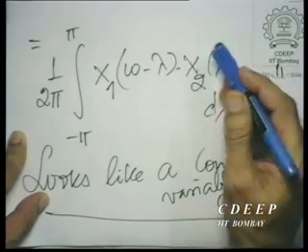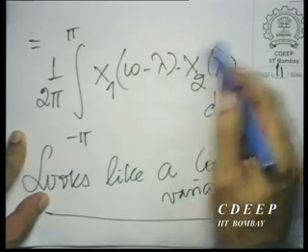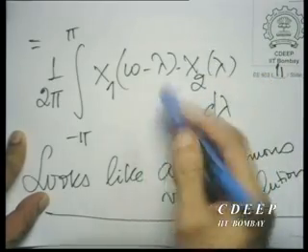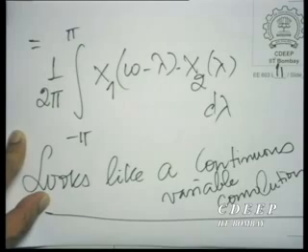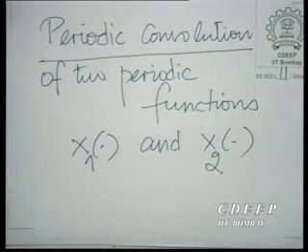Because both of the functions are periodic, this would be a sum of the integral over every period, and if any of them is non-zero, that sum would obviously diverge. So it doesn't make any sense when you have two periodic functions to calculate the convolution by integrating over all the independent variable axes. It only makes sense to calculate over one period, and that's exactly what we are doing here.